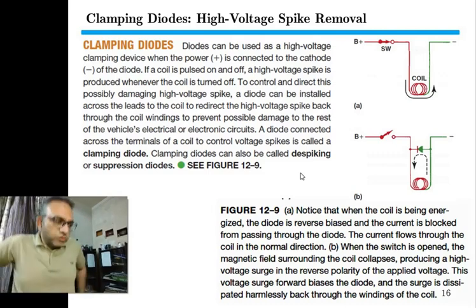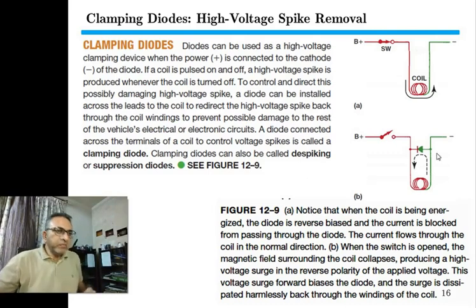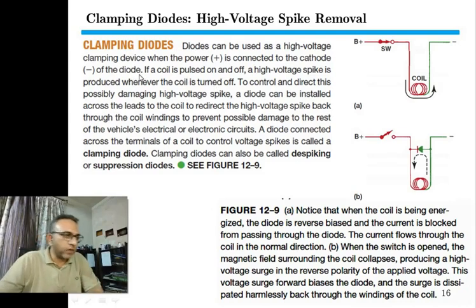Okay, so clamping diodes. A diode can be used as a high voltage clamping device when the power is connected to the cathode of the diode. If a coil is pulsed on and off, a high voltage spike is produced whenever the coil is turned off.